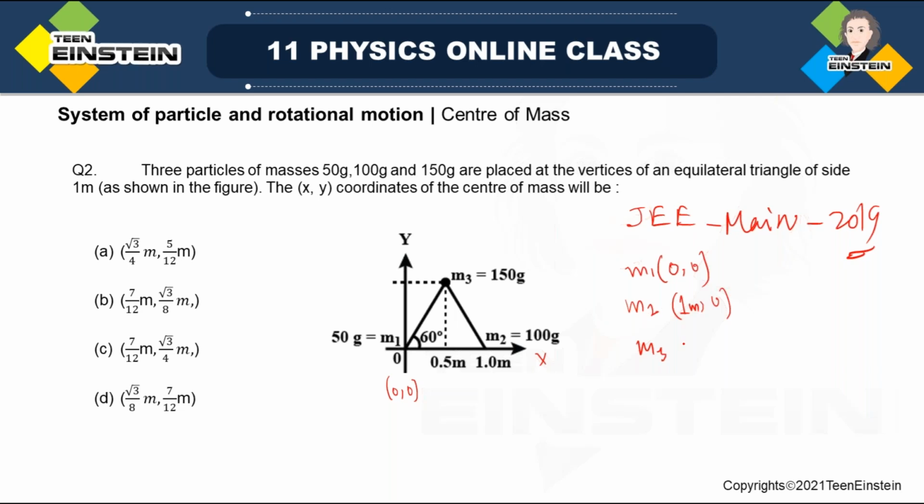M3 has coordinate 0.5 meter, and in the vertical direction, it has height root 3a by 2.